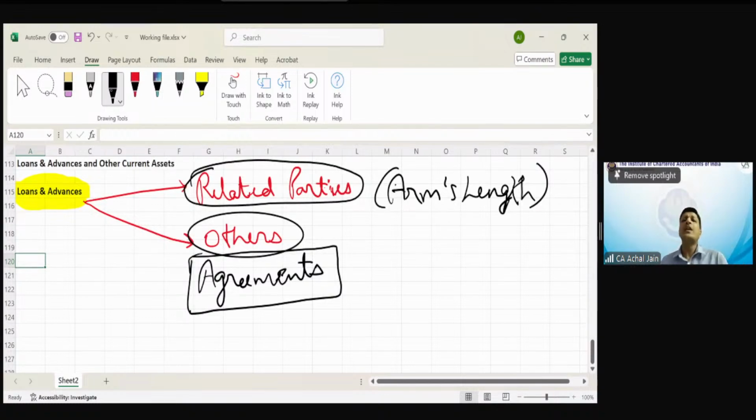But for related parties, one aspect which gets added, or over which we need to be careful, happens to be the arm's length. Okay, so that aspect needs to be added, or you can say which is required to be looked at.